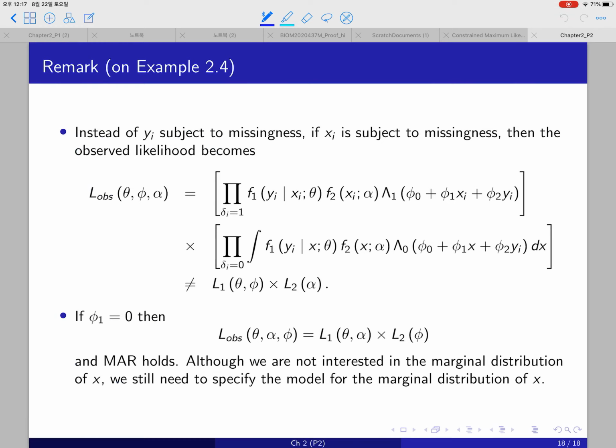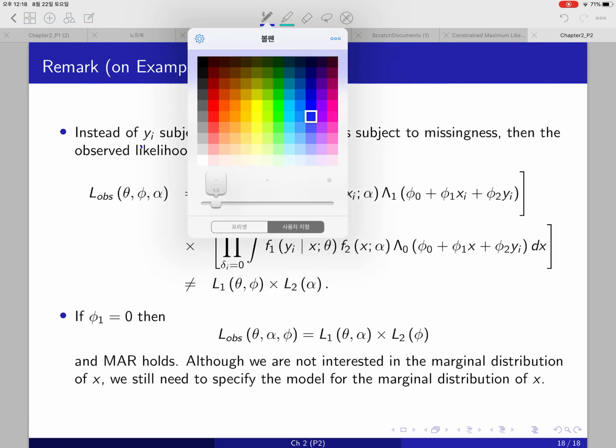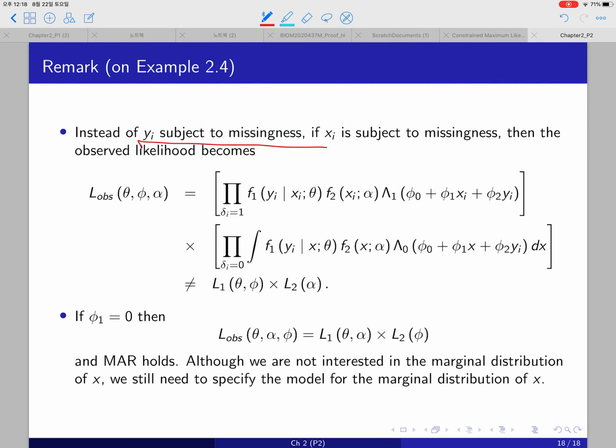Now, instead of y being subject to missingness, if x is subject to missingness, then it's a little bit different, because the integration is with respect to x. Previously x went outside the integration, but not anymore.